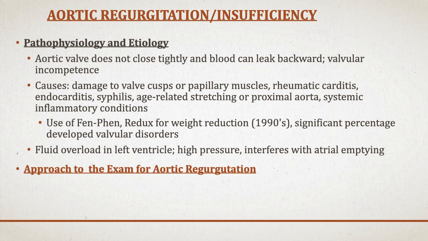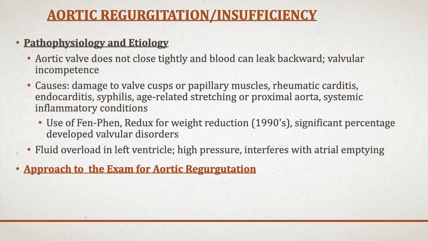It's caused by damage to the valves or papillary muscles. It can also be caused by rheumatic carditis, endocarditis, syphilis, age-related stretching, so as we age, it's part of the aging process, or stretching of the proximal aorta. Systemic inflammatory conditions can also cause that.